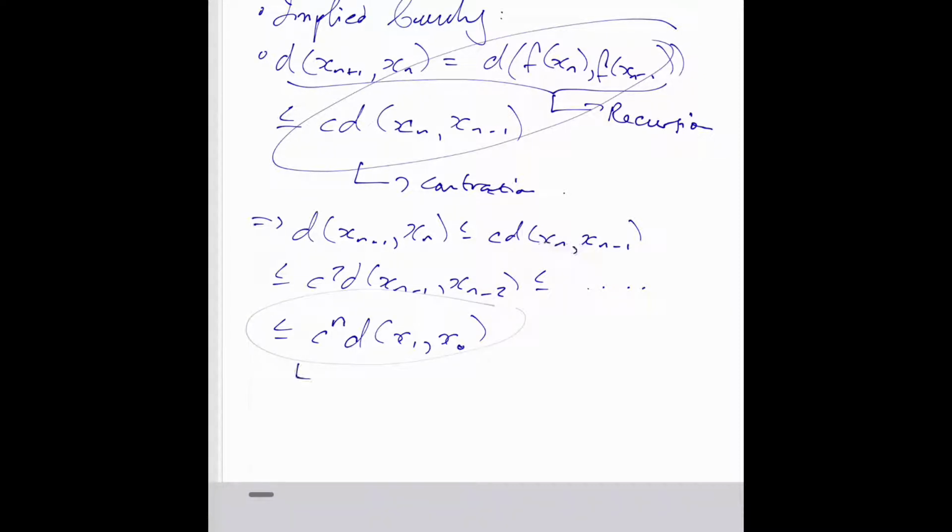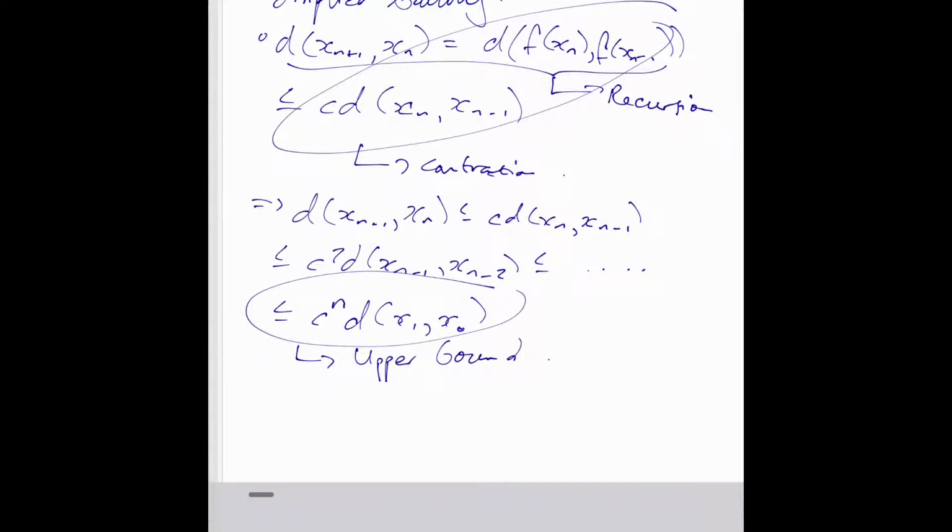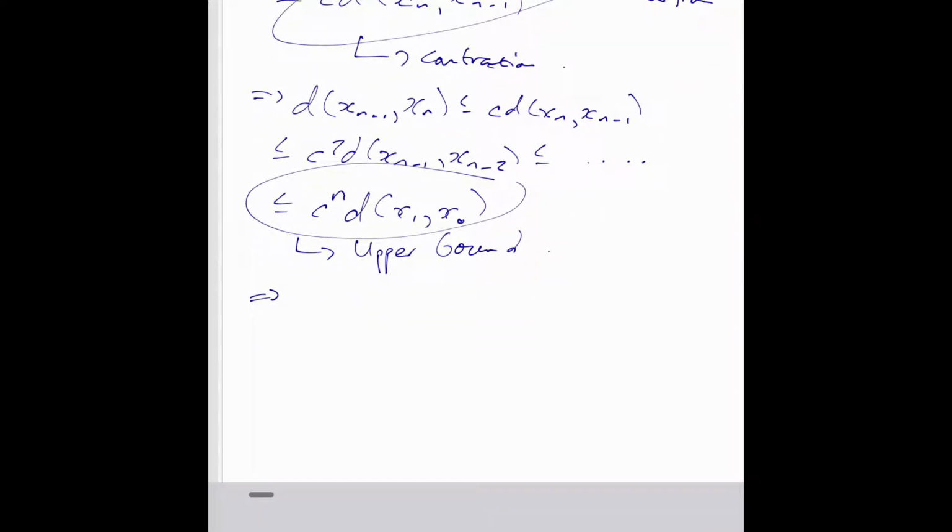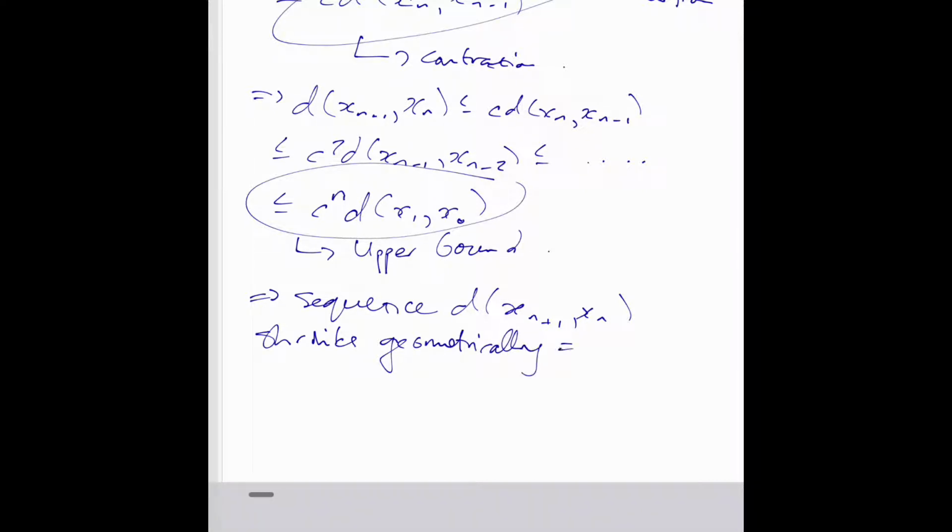So let's make this an upper bound of the sequence. So this implies that the sequence shrinks in proportion to the nth power of something less than 1, i.e. geometrically, which implies it is Cauchy.